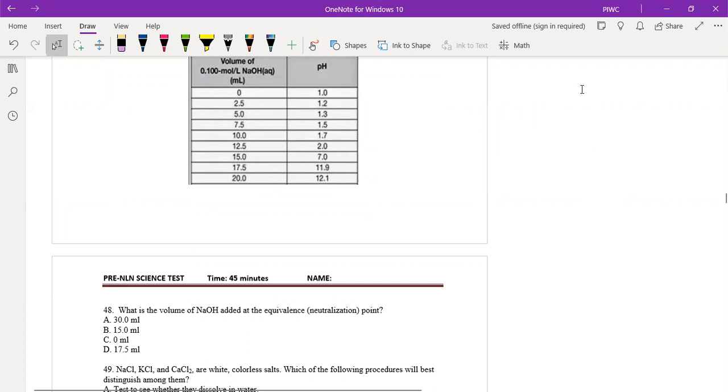The key word is neutralization point. So you have to look at the pH of what? 7. pH of 7 is neutralization. The answer was B, 15 ml. 15, correct. For pH of 7, that's 15.